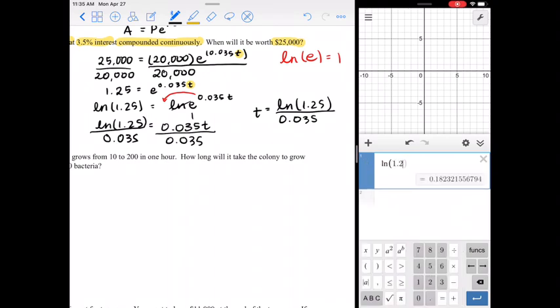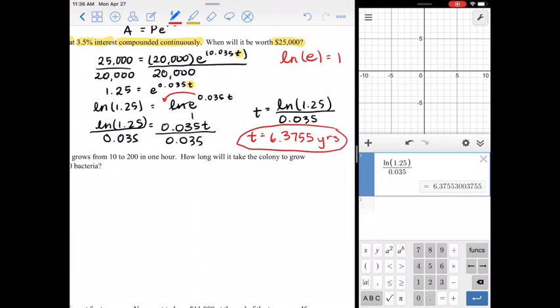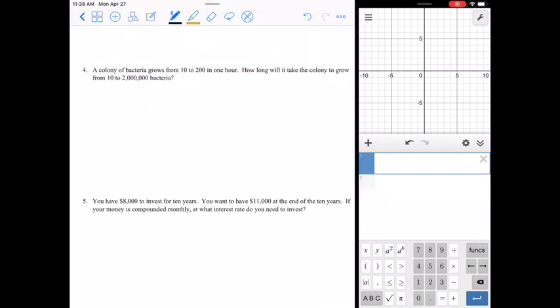So natural log of 1.25 divided by 0.035, and we get T is equal to 6.3755, and we're talking about time, so that's years. And that's your final answer for number 3.